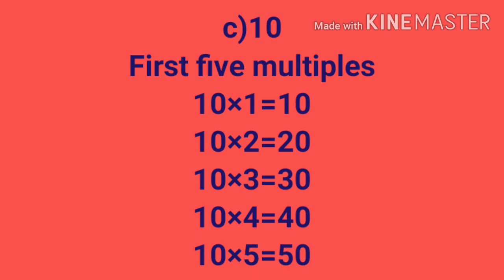Then 10 multiplied by 2, you get 20. Then 10 multiplied by 3, you get 30. Then 10 multiplied by 4, you get 40. Then 10 multiplied by 5, you get 50. In this way, by multiplying by 1, 2, 3, 4, 5, you get the multiples of 10: 10, 20, 30, 40 and 50.